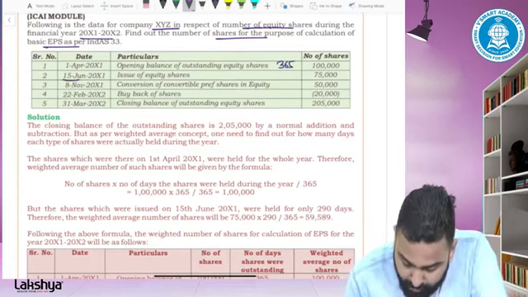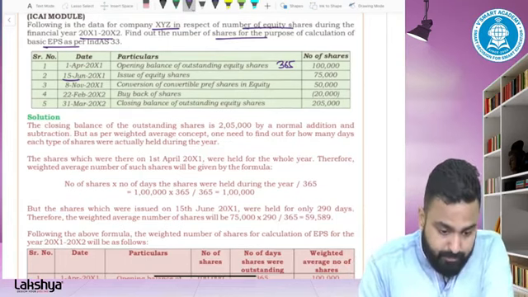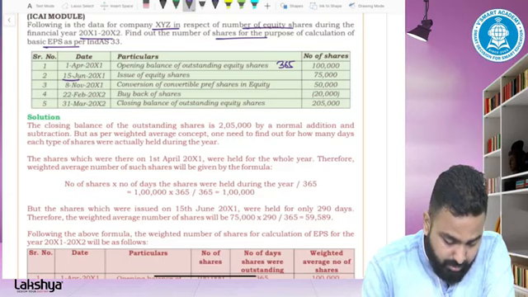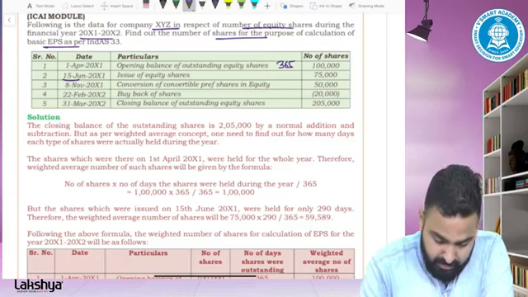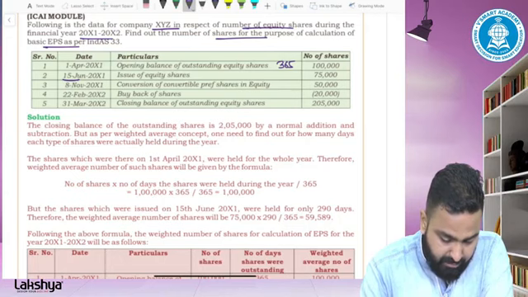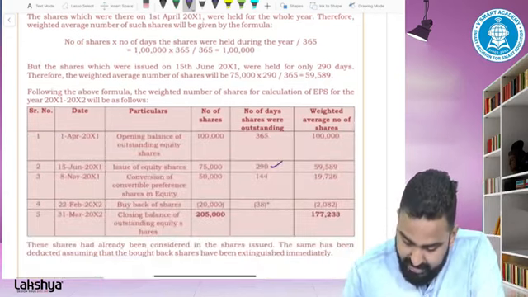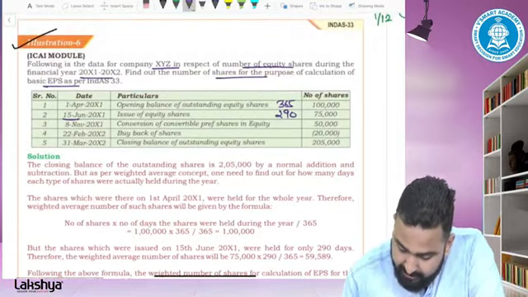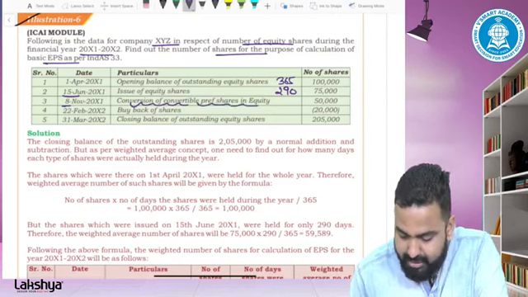For 15 June, issue of equity shares: 30 June minus 14 is 16, then July, August, September, October, November, December, January, February, March, so 290 days. Then 8 November, conversion of convertible preference shares into equity.